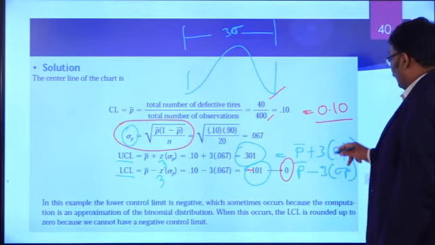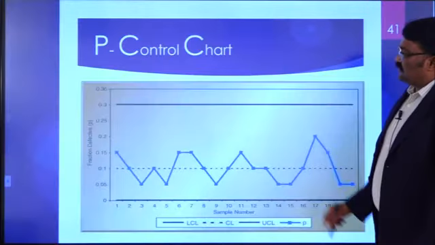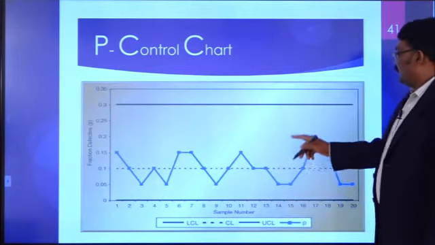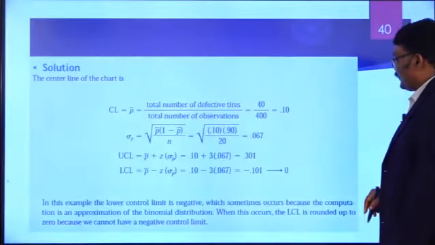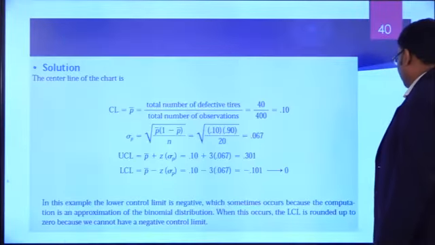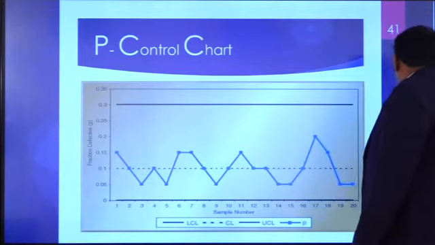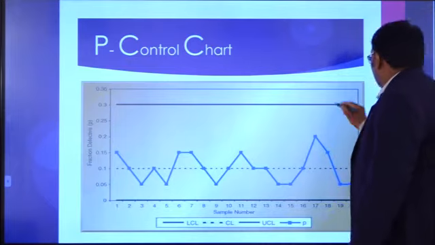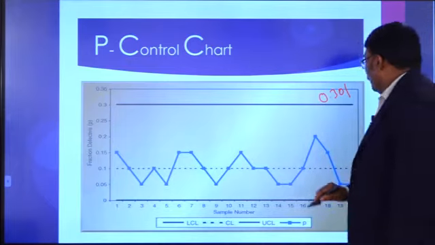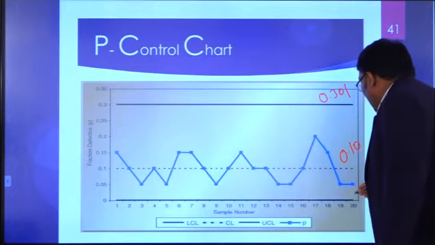So, by applying these values into the formula of UCL and LCL, we get the limits, and these limits we substitute in the chart. While we substitute them, we get the control limits in this format. Now, this is the UCL, 0.301, and the CL is 0.10.